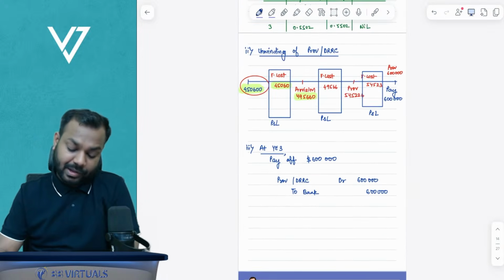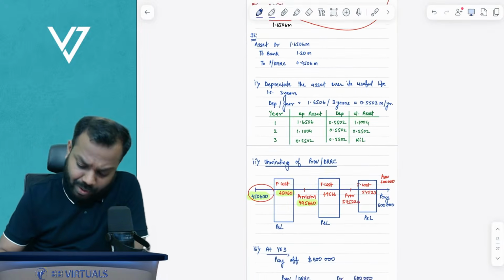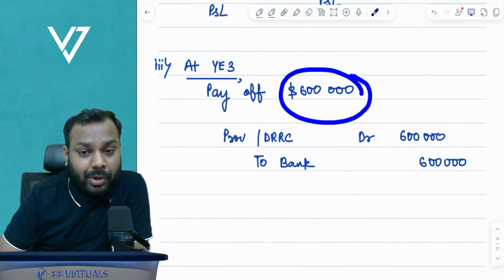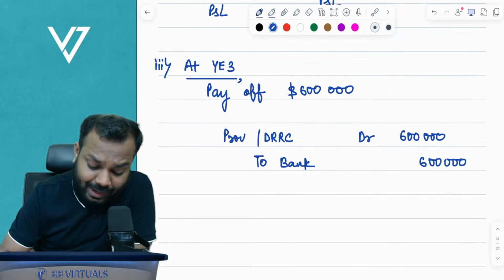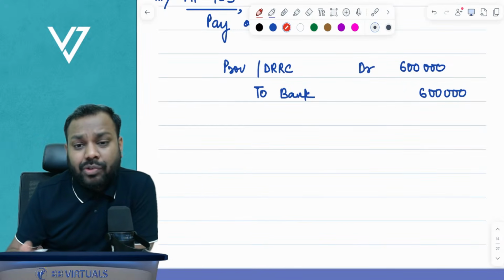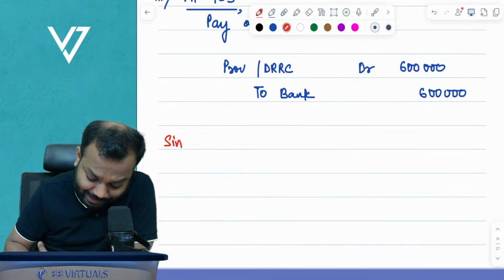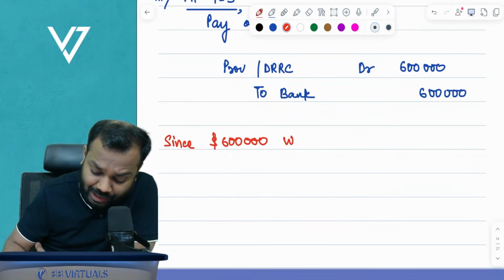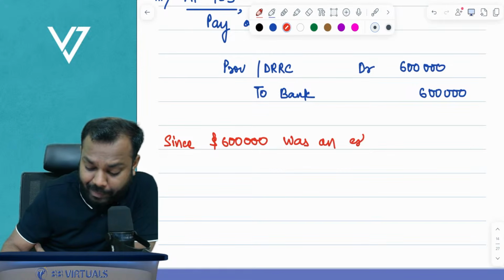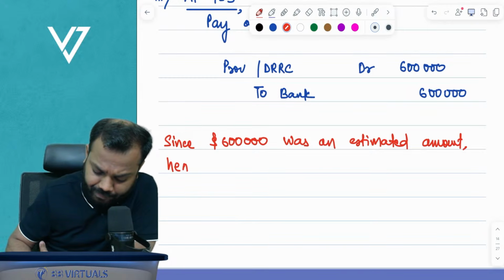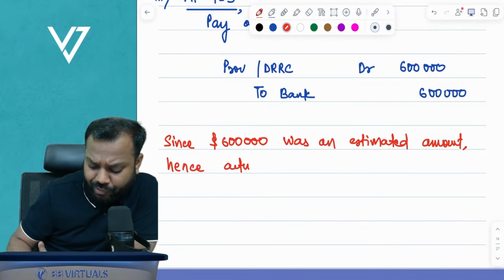Is that clear, everyone? Come on, guys, please tell me. Now, one more thing. Since we know that this amount is an estimated amount, it can be the case that when you are actually paying, the amount can be less or more. Since $600,000 was an estimated amount, hence actual payment can be different.